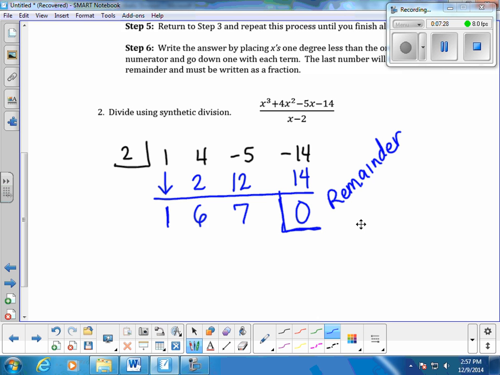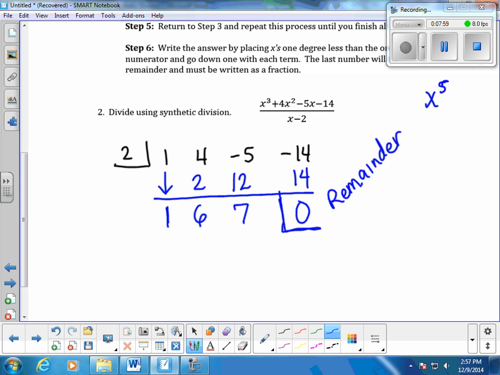Anytime you're dividing, if I had x cubed, a third degree polynomial, and I divided one of the x's out, it makes sense that it's going to be 2 x's left, so it's always 1 degree less. If my original polynomial's leading term is a third degree, my solution will always be 1 less, so this one's going to be an x squared. If it was an x to the 5th polynomial, my solution would start with x to the 4th.